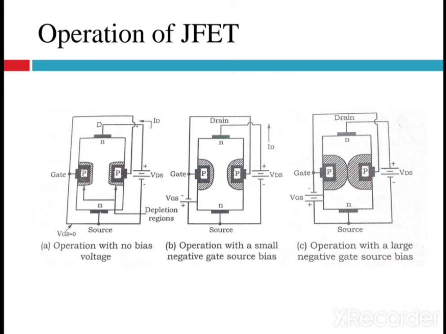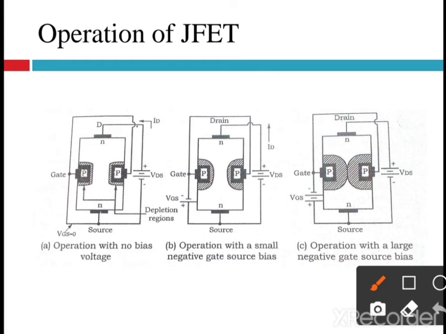Now come to the next condition, where we apply a large value of negative VGS. As the negative VGS is further increased, the depletion regions spread more inside the N-type bar. You can see in the diagram that this is the depletion region, and its area is more compared to previous conditions.